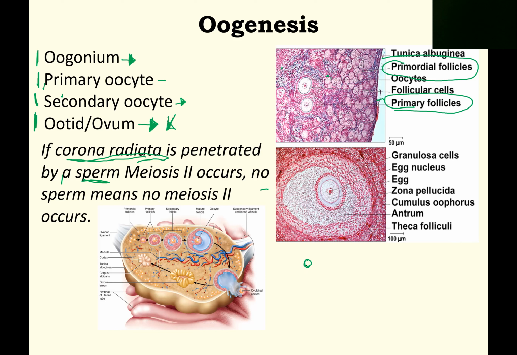The sperm nucleus has to unite with the ovum's nucleus to form a single nucleus for it to become a zygote. So yes, you can have what they call a blighted ovum, and it will have 2 nuclei, but it doesn't form a zygote.